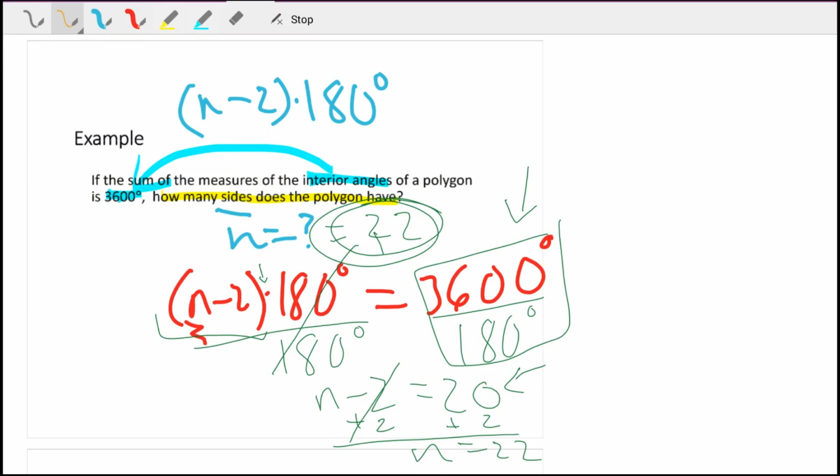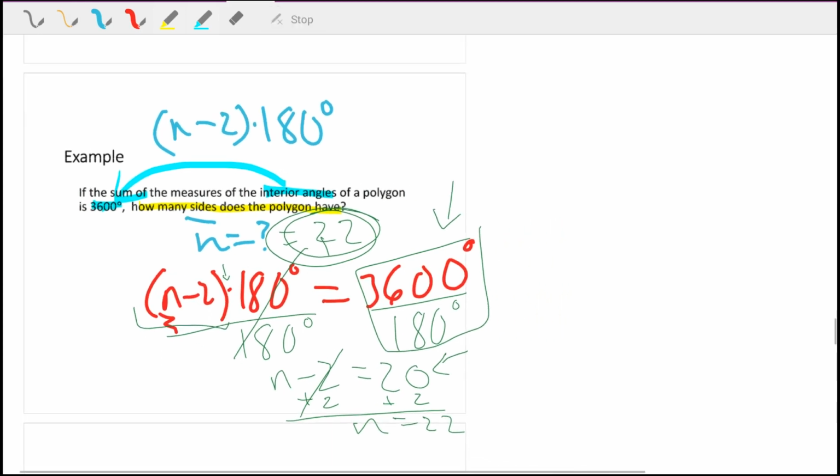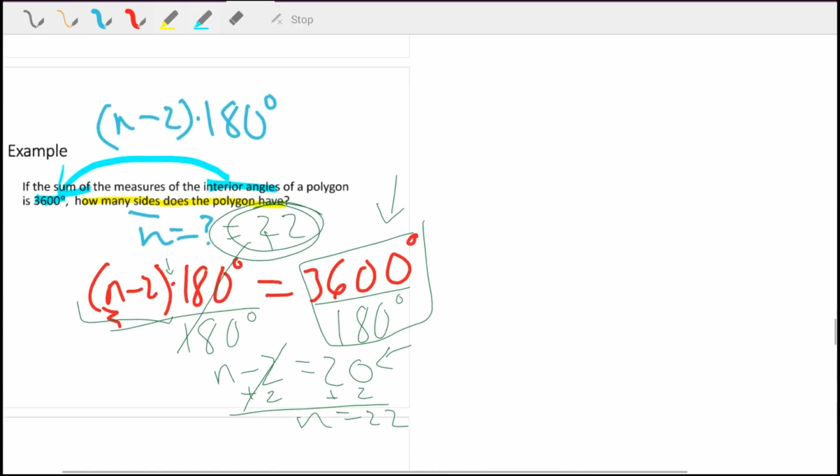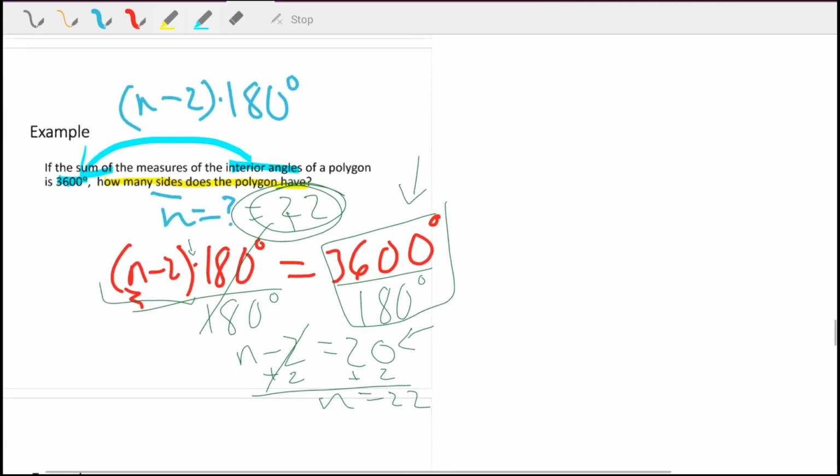So the other way of solving it is using the same equation. That's not going to change. You still have to use that equation. But let me do it on the side. So we still have n minus 2 times 180 equals 3,600 degrees. Now, I forgot the little dot there.